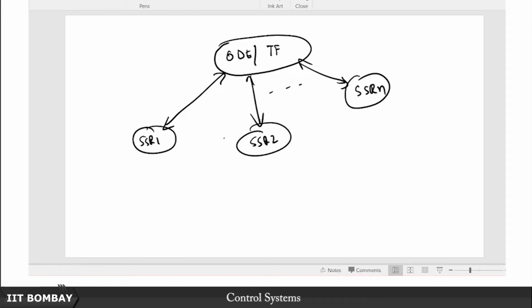Whether there is a connection between these is actually a difficult question to answer at this point, with the kind of knowledge and sophistication that we have at the moment. This question is best left unanswered at this juncture, whether you can go from any state space realization of a given transfer function or ODE to another. That is a question we shall probably not deal with in this course.